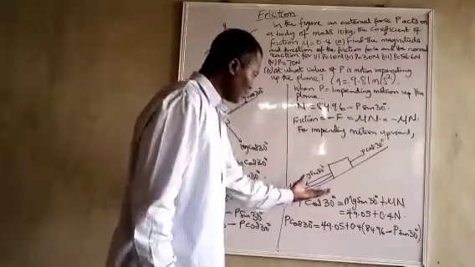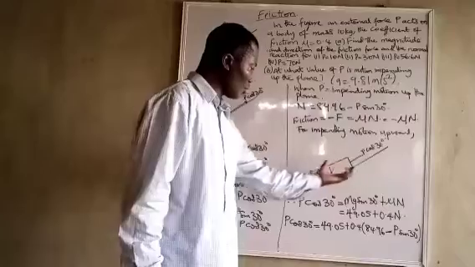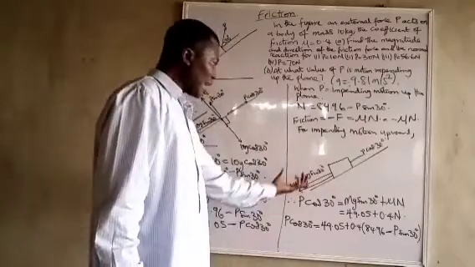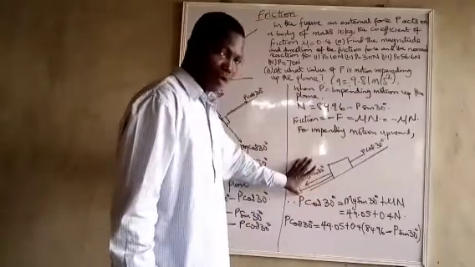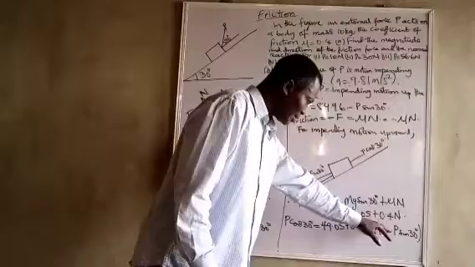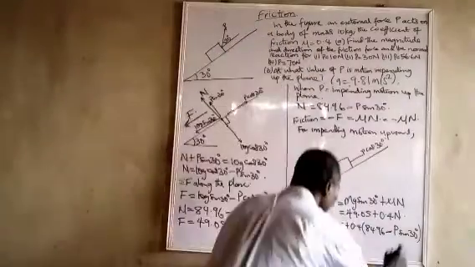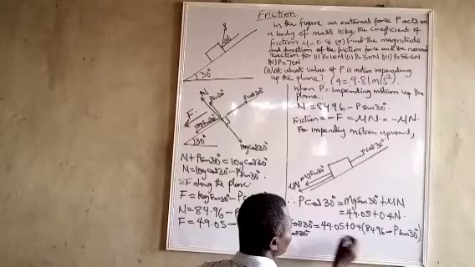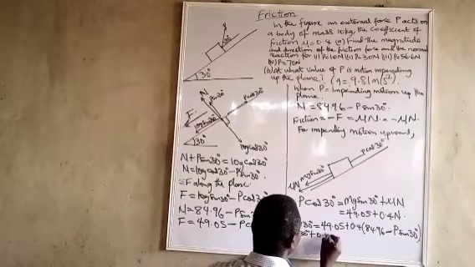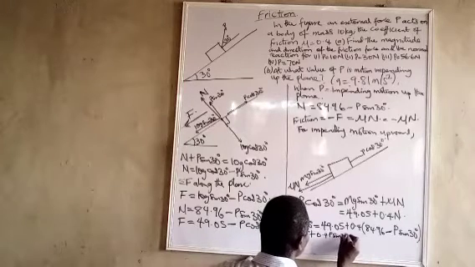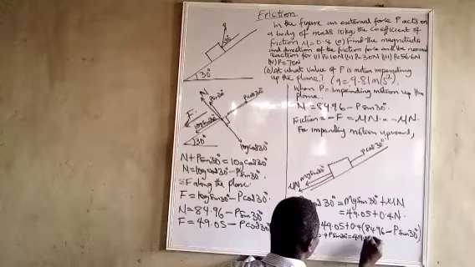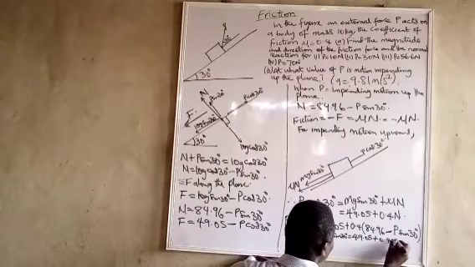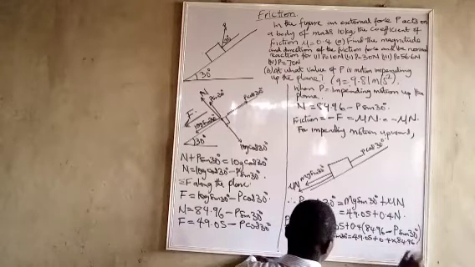At the end of the day, I showed you the diagram. For impending motion upward, frictional force will act downward, along with mg sin 30. The two of them must be overcome for impending motion upward. So that's what I did here. Then I have P cos 30 degrees plus 0.4 P sin 30 degrees is equal to 49.05 plus 0.4 times 84.96.